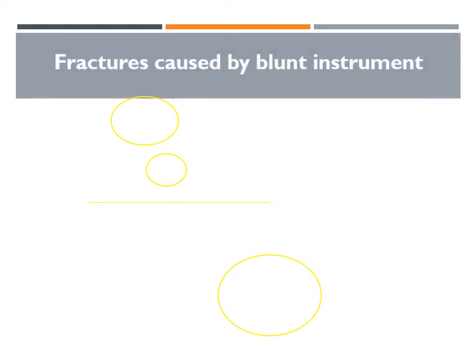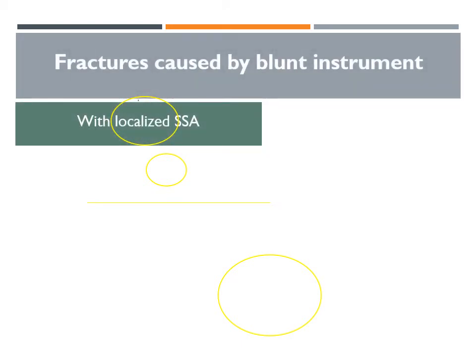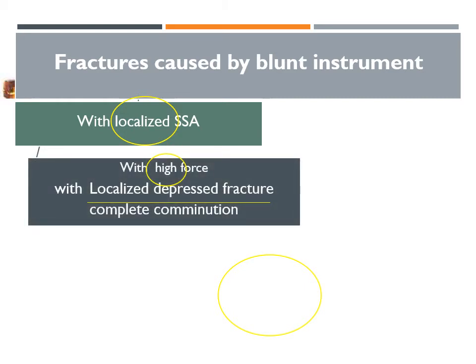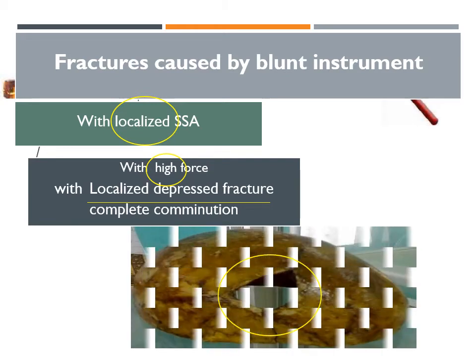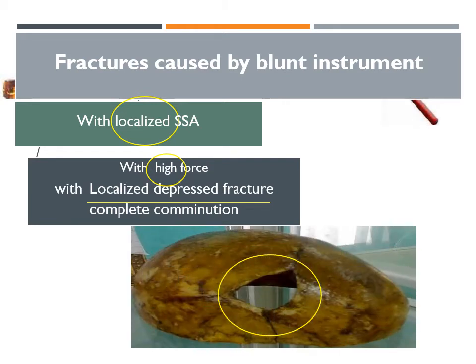And here, fracture caused by a blunt instrument with localized striking surface area and high force is defined as localized depressed fracture with complete comminution, like this picture. There is complete loss of bone in the site of fracture.